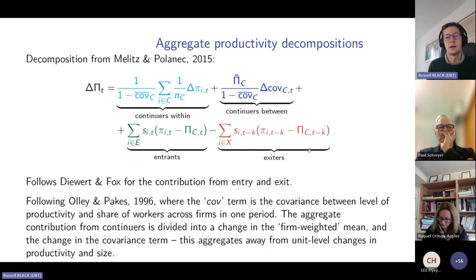The between effect from this formula is using the relationship between size and productivity. So if there is a change in the correlation between how big a company is and how productive it is, that's how the composition change feeds in.